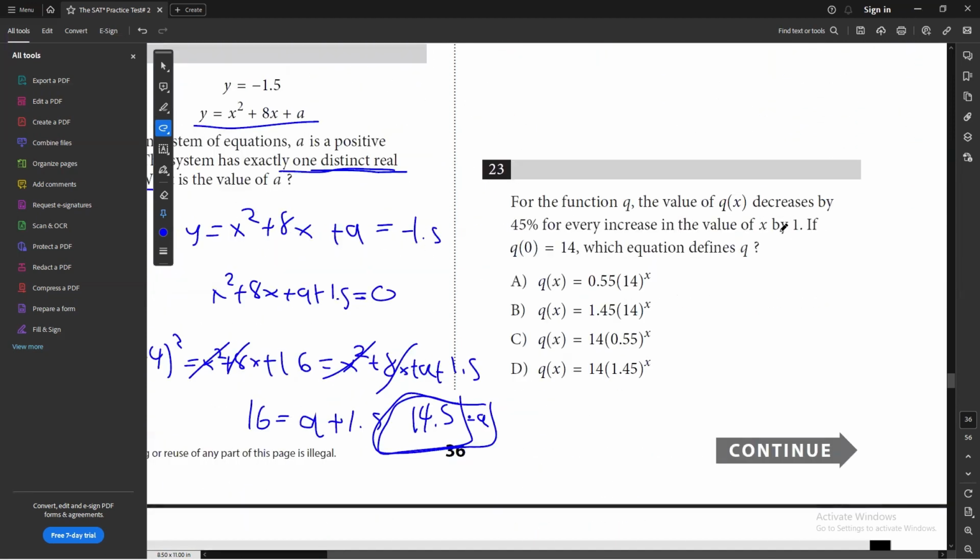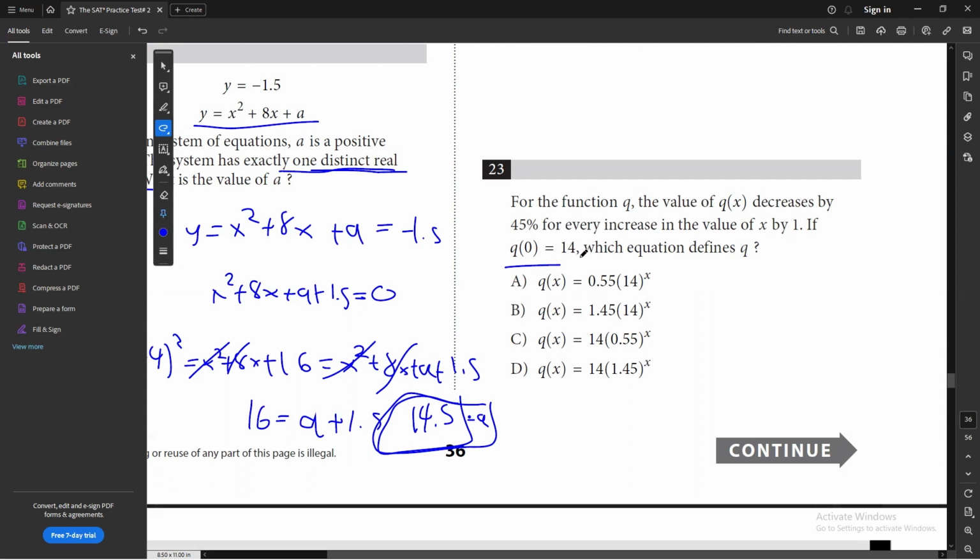For the function q, the value of q of x decreases by 45% for every increase in the value of x by 1. If q of 0 equals 14, which equation defines q? Actually, this is a very simple question. Even if you didn't understand any part of it, you can just plug 0 into the answer choices and solve.